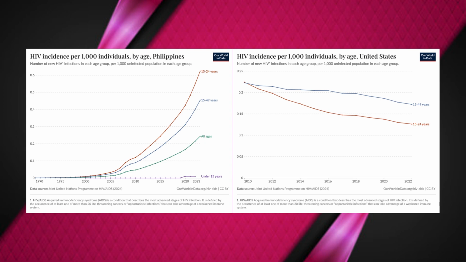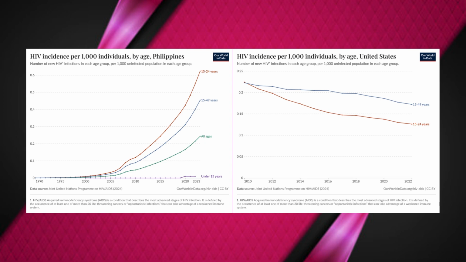HIV incidents per 1,000 individuals by age. Let's look at the data in the Philippines. In both graphs, this is the number of new HIV infections in each age group per 1,000 uninfected population in each age group in both the Philippines and the United States. In the Philippines, we're not going to look at the all ages one because this is not listed in the United States data.